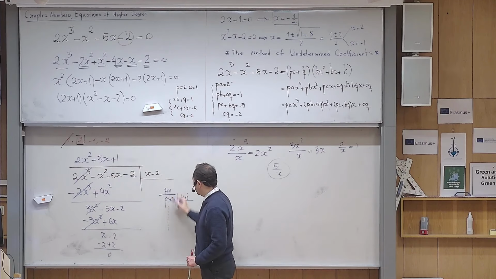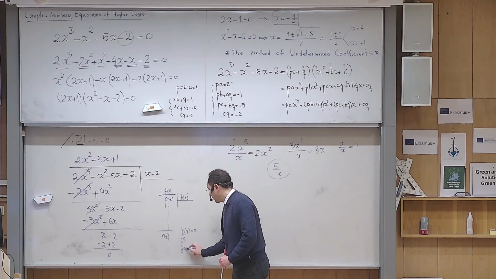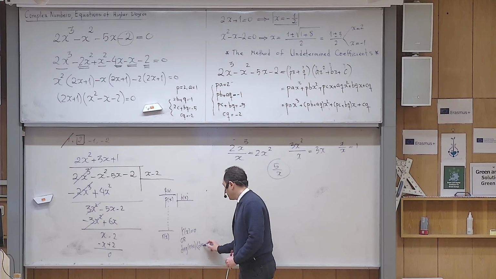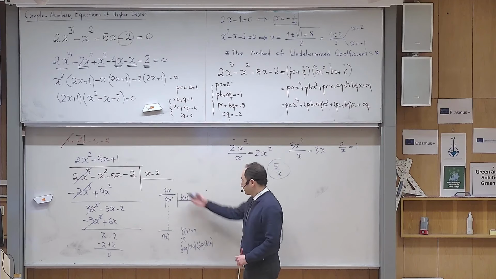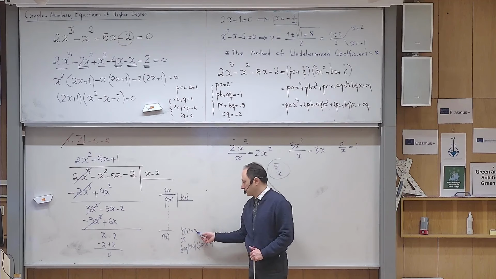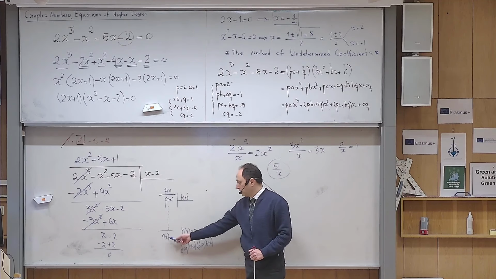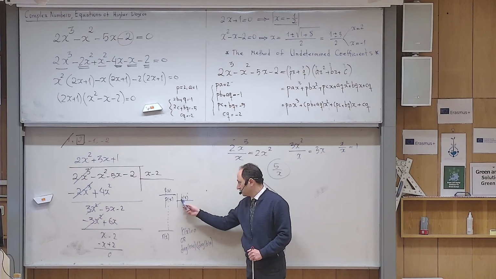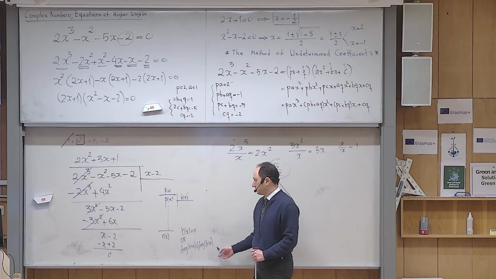Extremely important that R(x) is 0 or the degree of R(x) is strictly smaller than the degree of B(x). So you have to continue this process until either nothing is left or a polynomial whose degree is less than the degree of this polynomial is left.